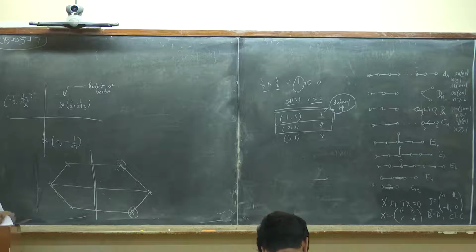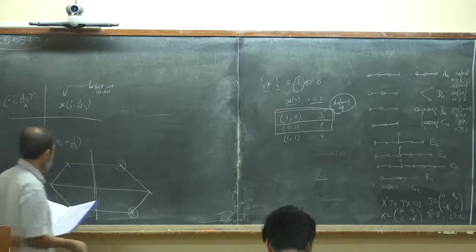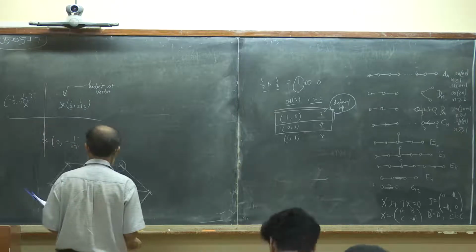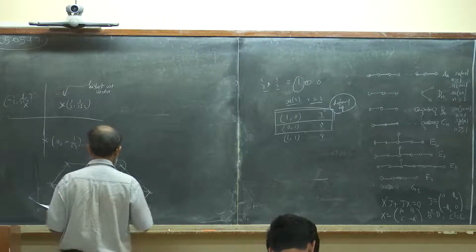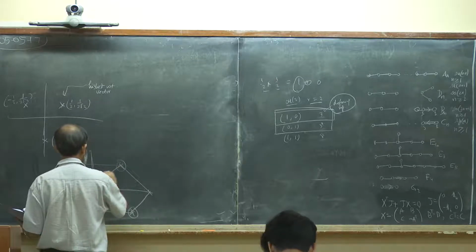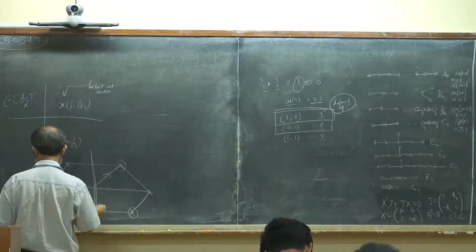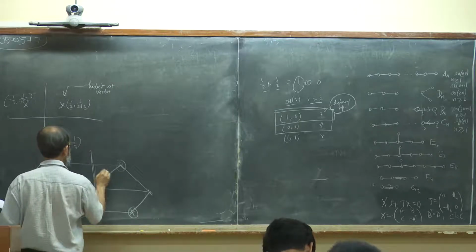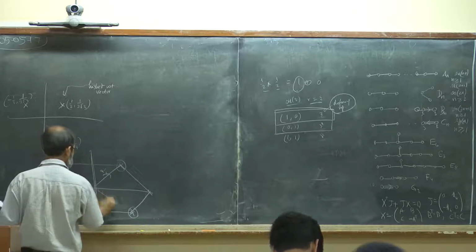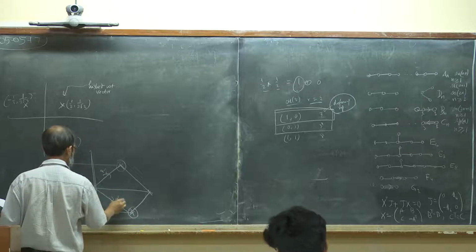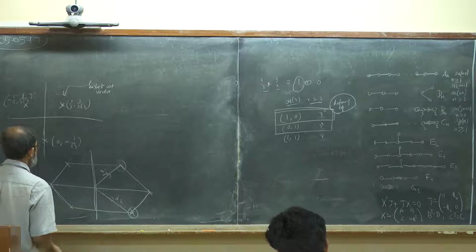I am only talking about those lowering operators. And what you will find is that, so this was one direction, this is what I called alpha 1, and this is something that I call alpha 2.